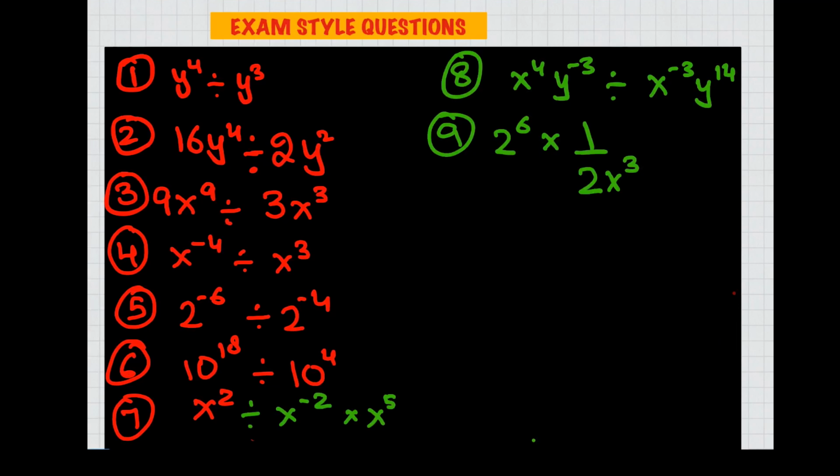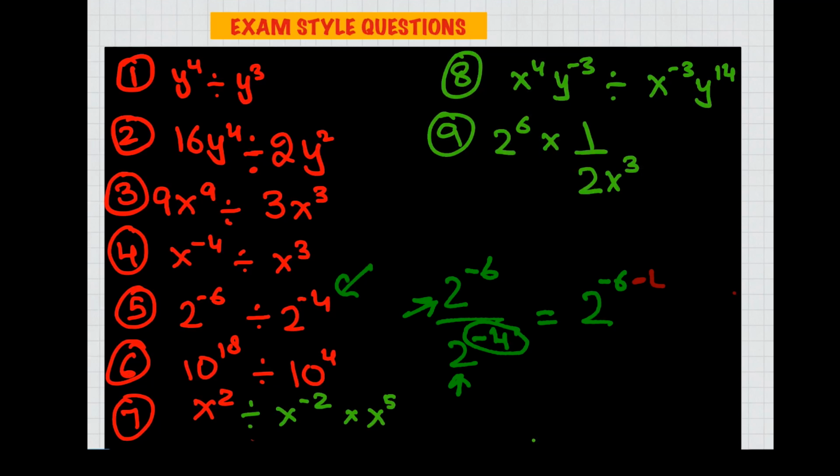For question number 5 now, 2 to the power minus 6 divided by 2 to the power minus 4. So what we need to do, as the bases are same, 2 and 2, we write 2 as it is. We do minus 6, then minus sign of the formula, and then you can write down this minus 4 here.